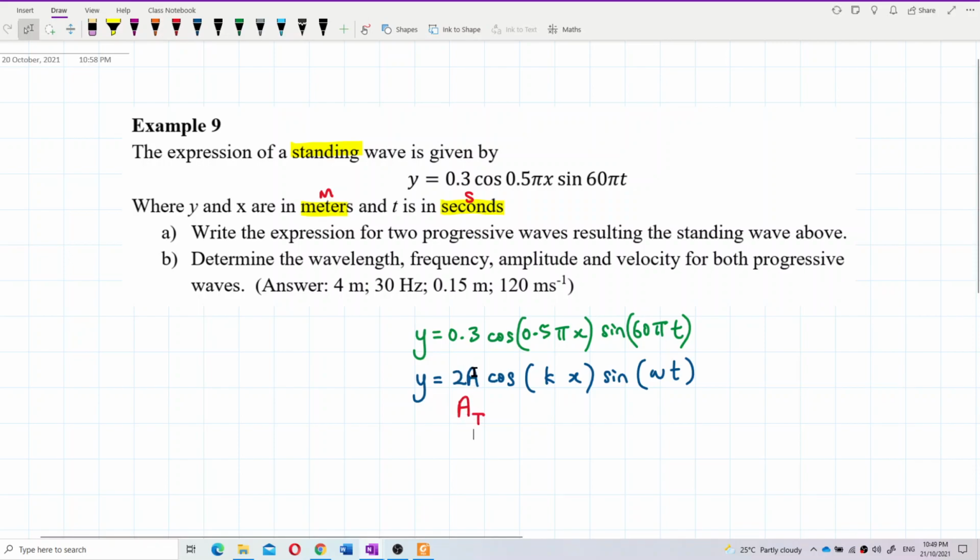This a here is actually the amplitude for the individual wave. So total is 2a. Or you just write as a total, sometimes.